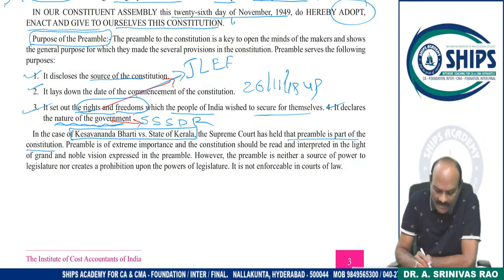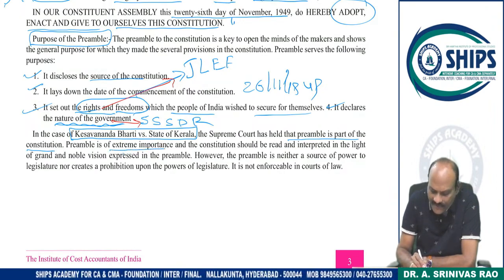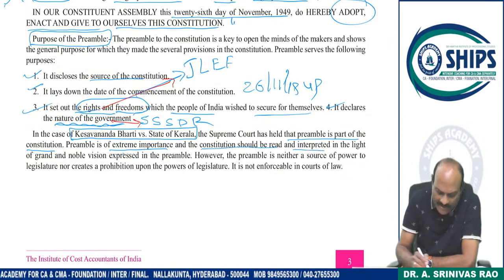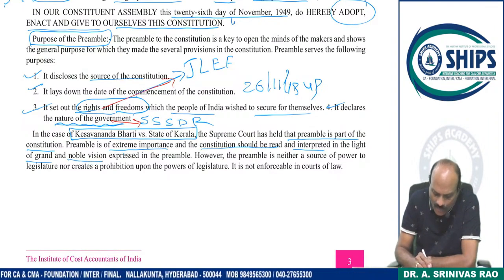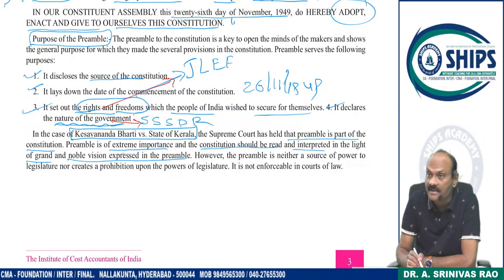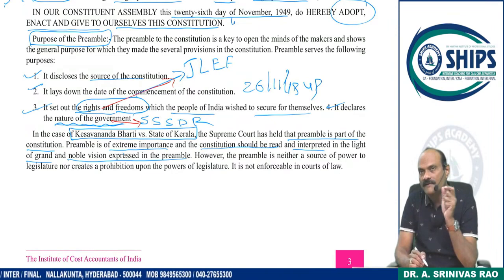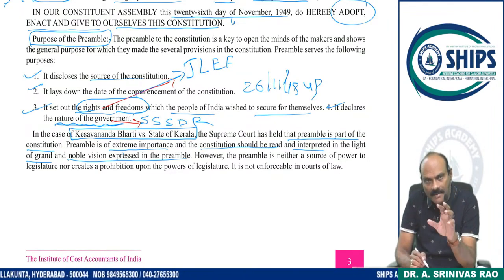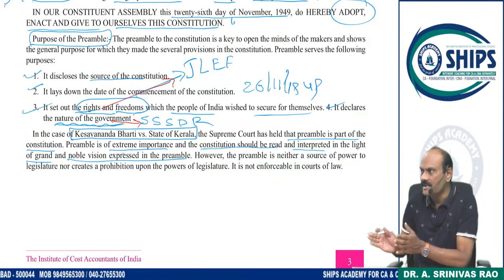The preamble is of extreme importance, and the Constitution should be read and interpreted in the light of the grand and noble vision expressed in the preamble. Before we drafted the Constitution articles, we had the preamble. Based on that preamble, all articles were interpreted.